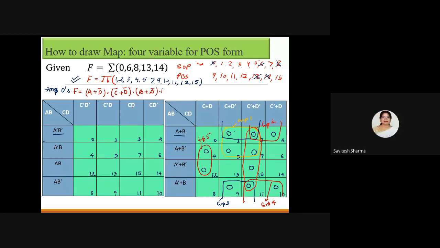Dot. Now write group 4. Again B is common plus C complement. Okay. This is group 4. You see, for group 4 I am concentrating here horizontally and in this cell. Okay. Now write group 5.